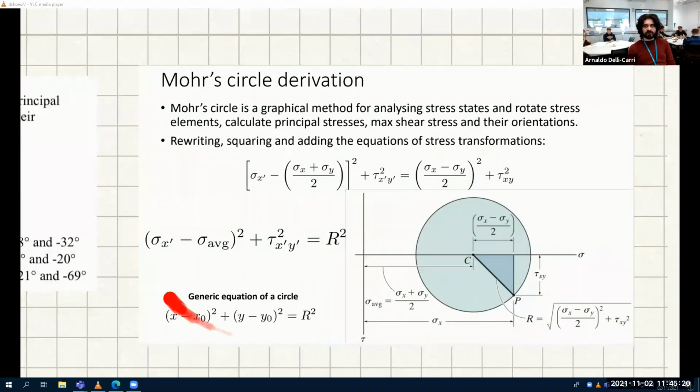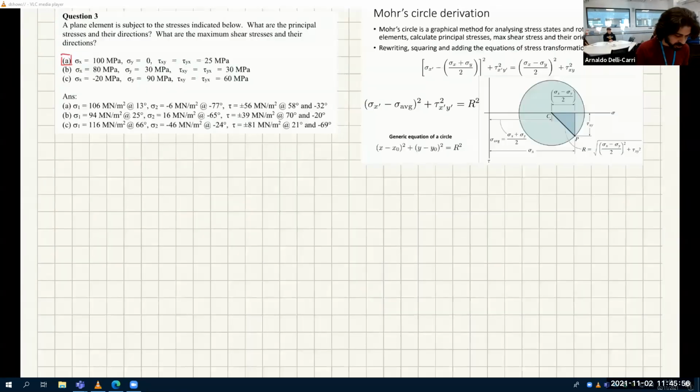So this is the equation of a circle, and that's how Mohr came about the circle itself. The center is at sigma average, and y0 is 0, so the center always lies on the sigma axis. The radius of the circle is this thing. Very convenient. You learn this, and you don't need to remember the equations because they come out automatically.